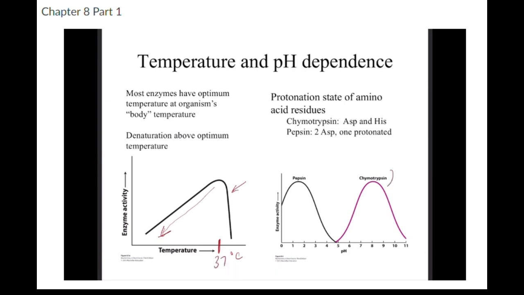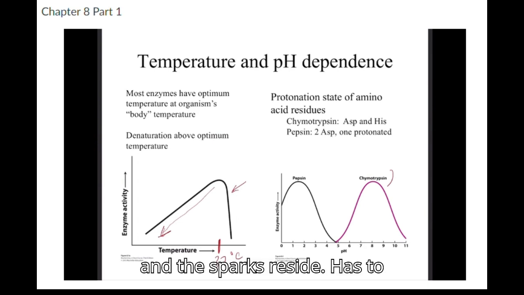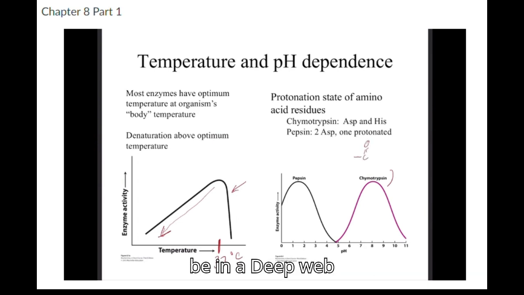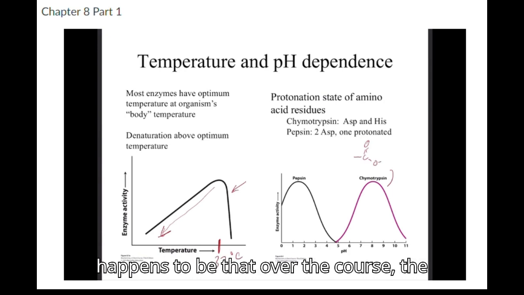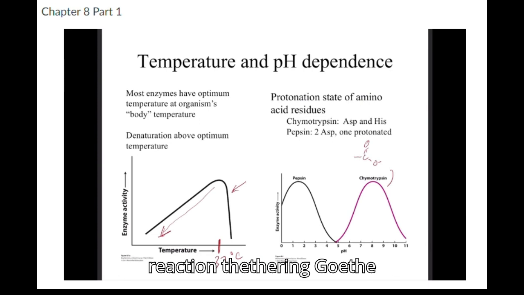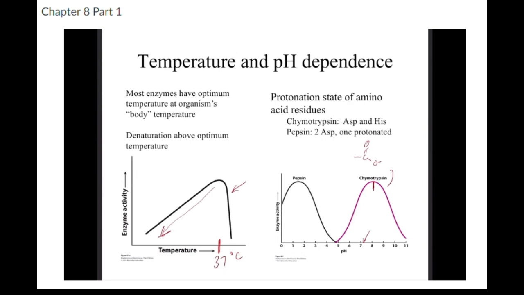Chymotrypsin that we see over here has an aspartic acid residue and a histidine, and the aspartic acid residue has to be in a deprotonated state. Over the course of the reaction, the histidine goes through a protonated and deprotonated state. So it has its pH optimum up here at about 8. Normally it functions around 7.4. It actually functions in our small intestine, where it breaks down the proteins that we eat in our food.